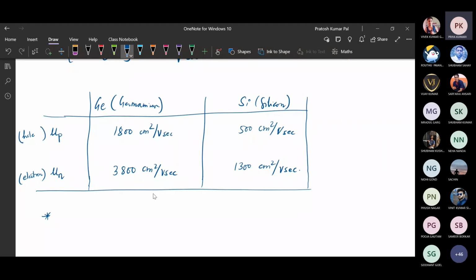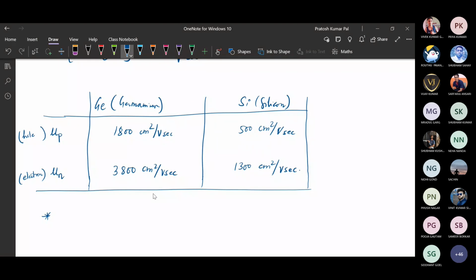So we can see a rough relation: the mobility of holes in germanium is around 4 times that of holes in silicon. Similarly, the mobility of electrons in germanium is around 3 times the mobility of electrons in silicon.